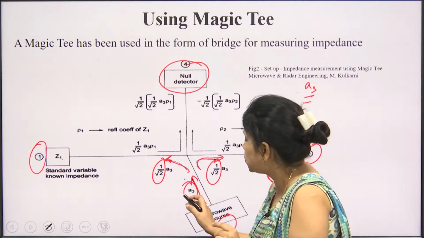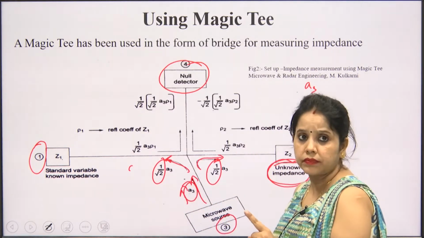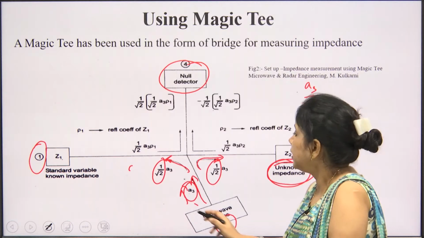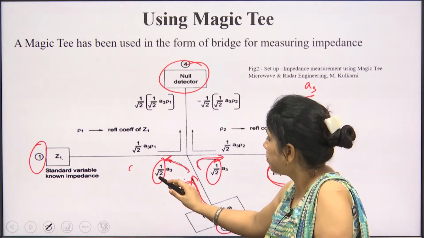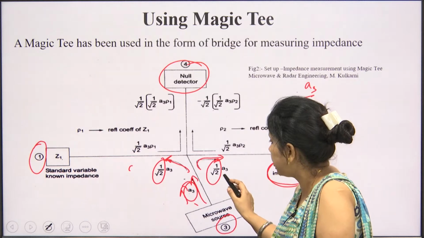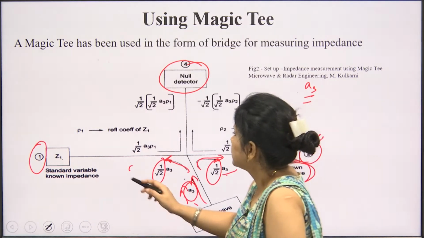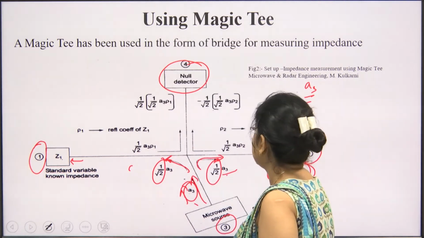Then you are able to see that if the input signal is given from port 3, it is divided equally into port 1 and port 2, 1 by under root 2 A3 and 1 by under root 2 A3. Now it reaches Z1 and Z2.